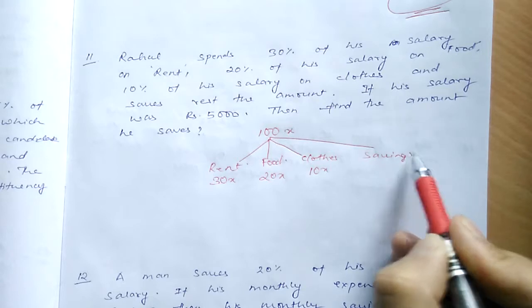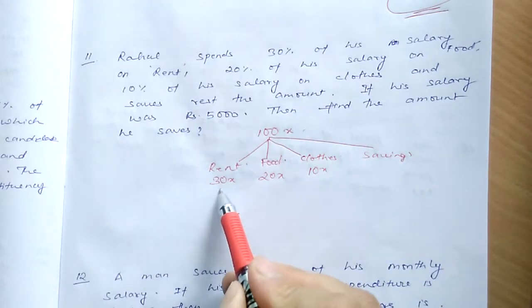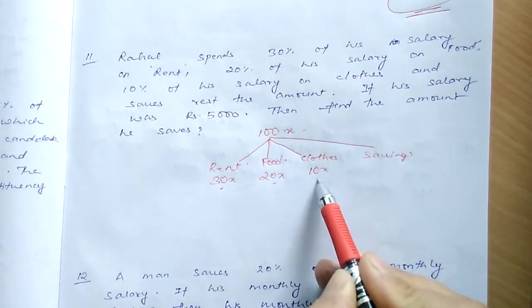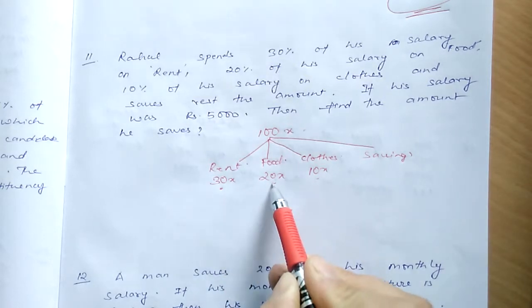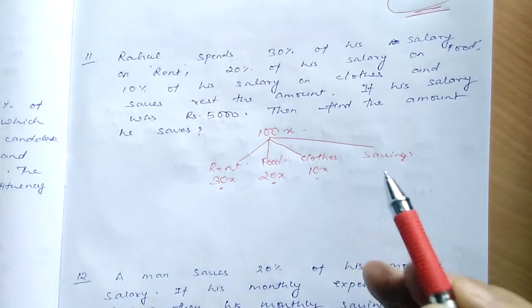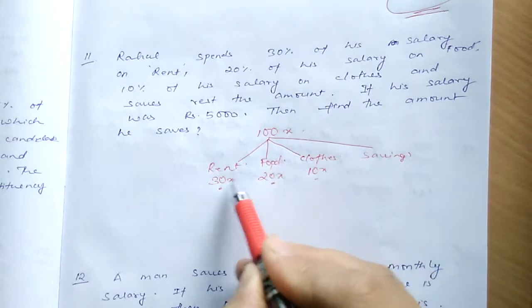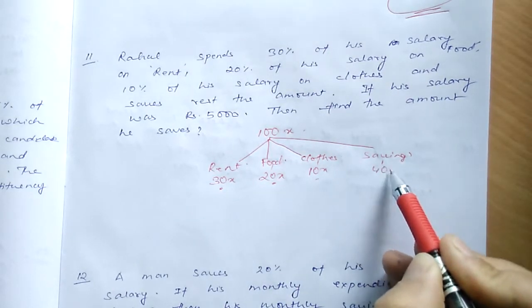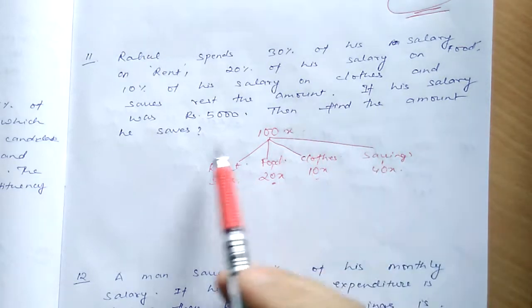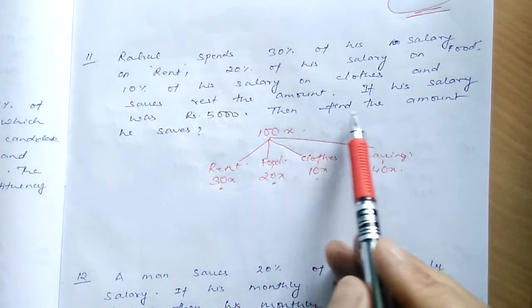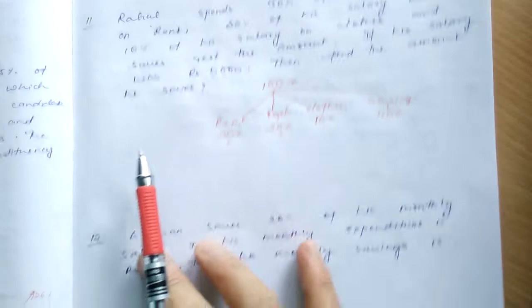So in total we have 100%, out of which he spends 30, 20 and 10. That together makes 30 plus 20, 50 plus 10, 60. So his savings will be 40x. If his salary was 5,000, then find the amount he saves.